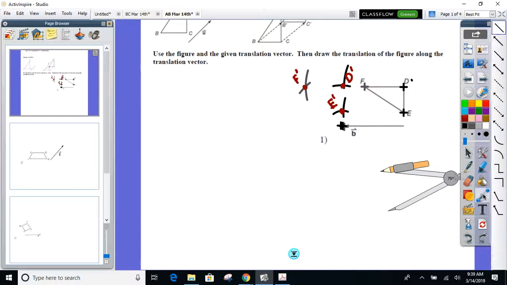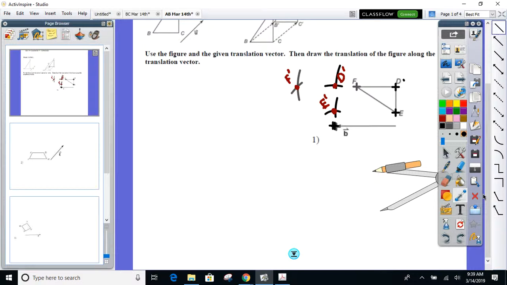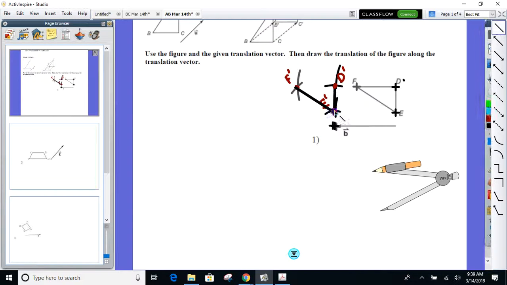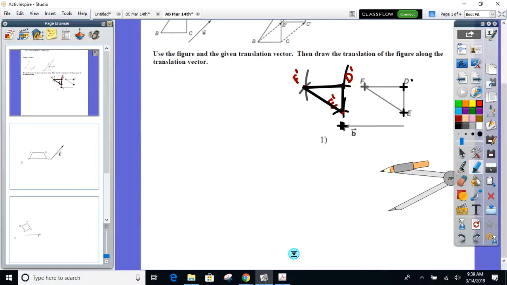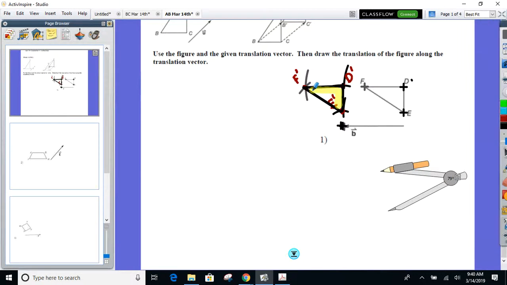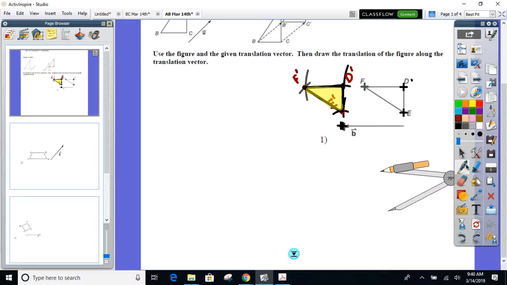And take your straight edge. Let's connect the new vertices. And there's my new triangle. How we look, all right?